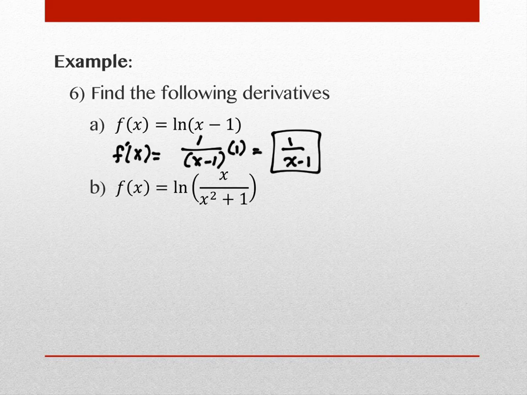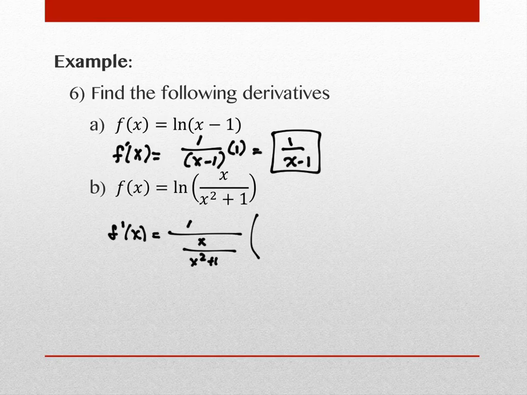Now, I want to show you that there's 2 ways that we can do part B. One option is that we can do this directly, which means that we do the derivative is 1 over the inside, which is x over x squared plus 1. And then we'd need the derivative of x over x squared plus 1, which means we're going to use what?